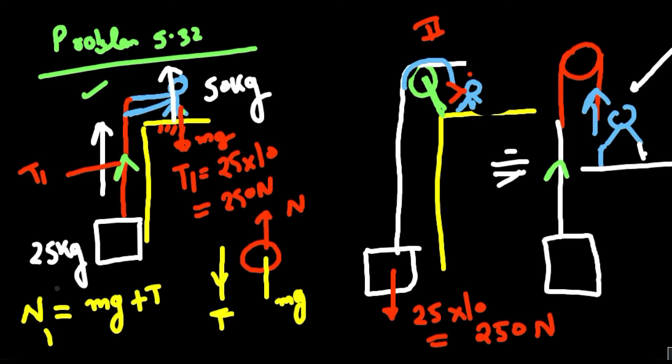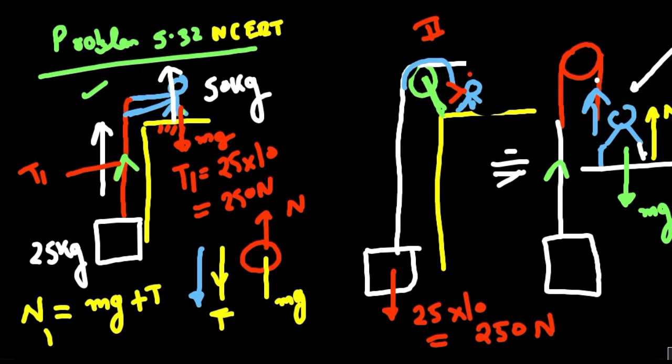So if you look into the problem number 5.32 NCERT, what I've just discussed is case number 1. Let's go to case number 2. In this situation, you again have a normal reaction. You definitely have the weight of the man, but this time around the tension, which in case number 1 was pulling the man downward, as you can see, is now pulling the man in the upper direction.